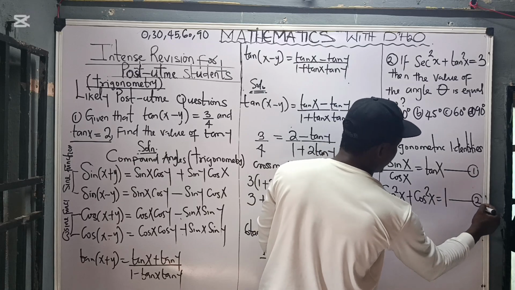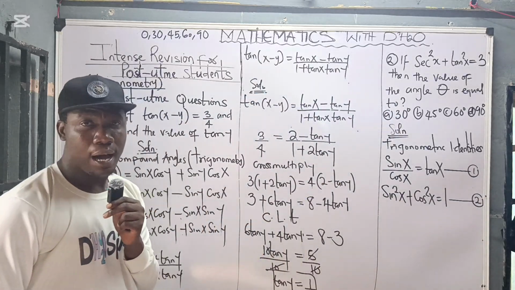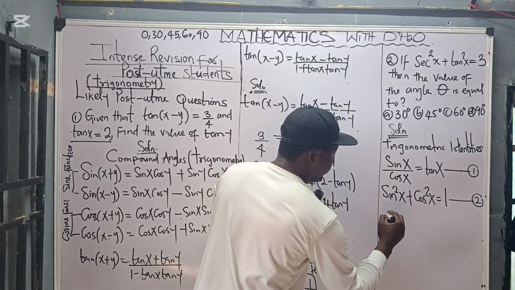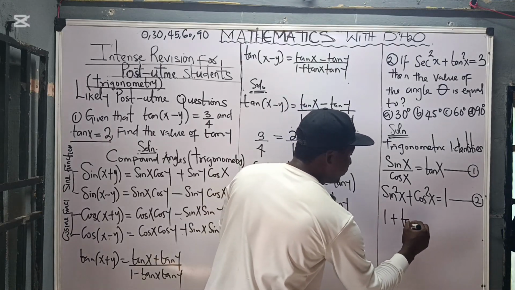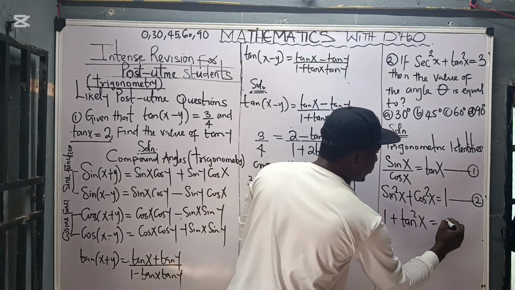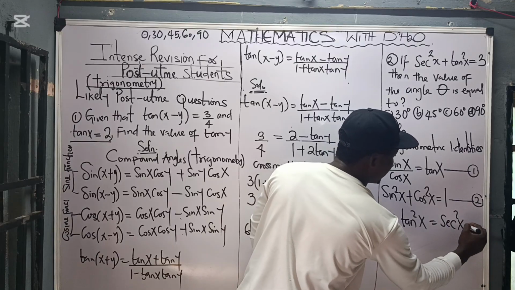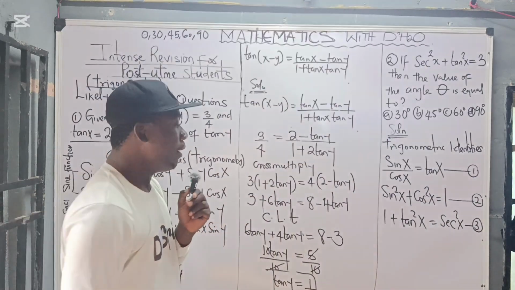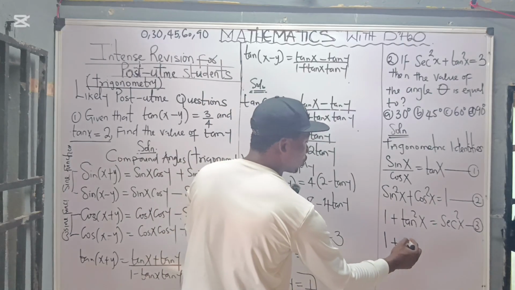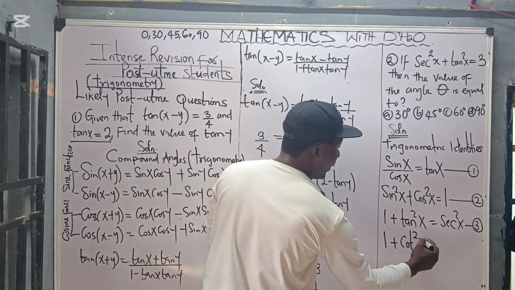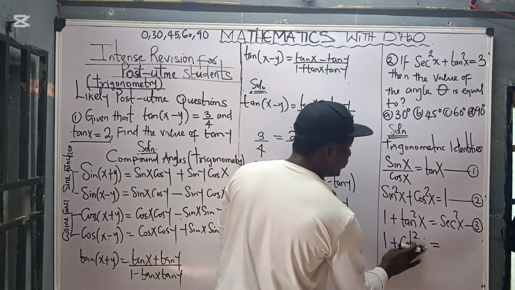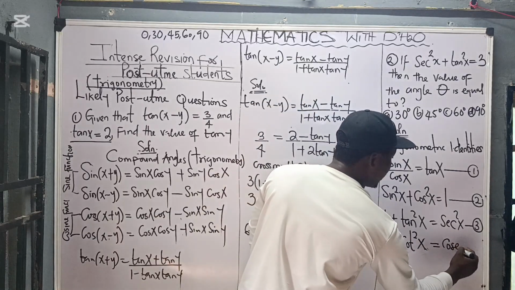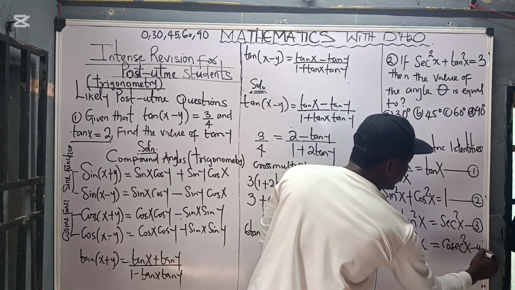That's number 2 theorem. Are we together? Now you have 1 plus tan square x is equal to sec square x. That's number 3. Are we together? Finally, 1 plus cot square x is equal to cosec square x. That's theorem number 4.